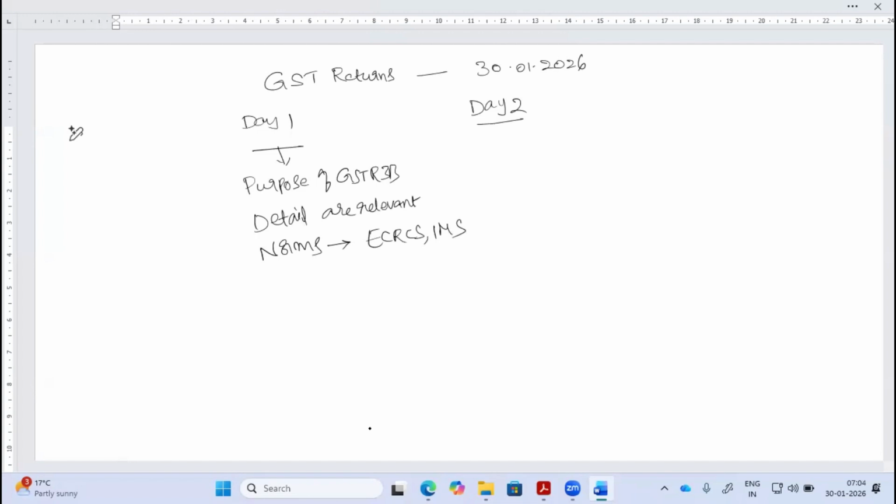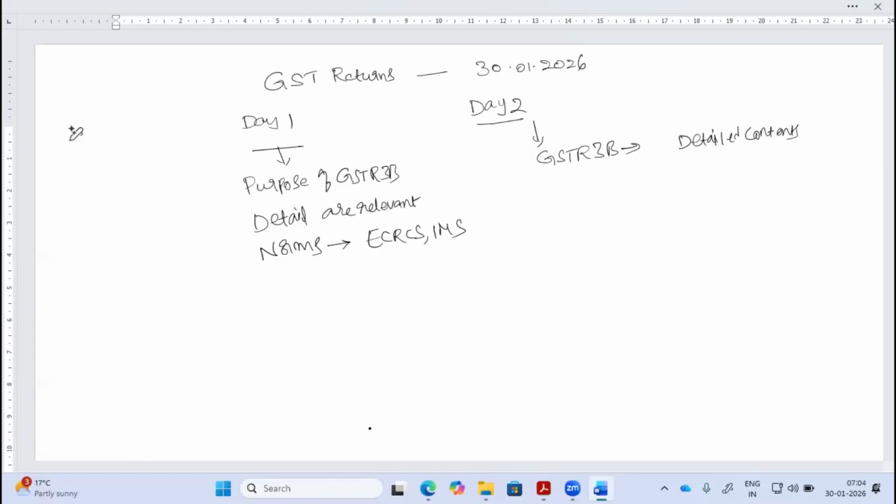Day 2, that is tomorrow, we will try to understand the overview of Form GSTR3B. We will run through the detailed contents. What is that? We have to fill in each table in Form GSTR3B.